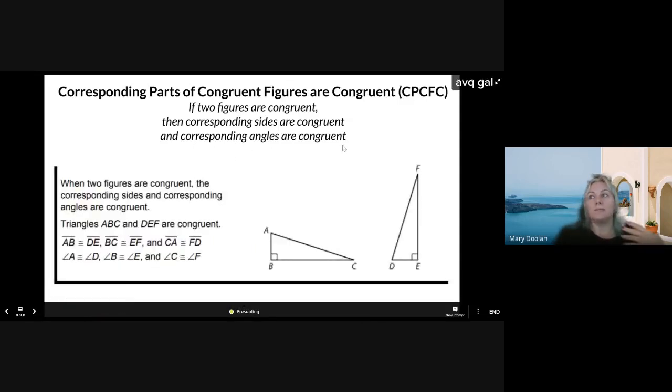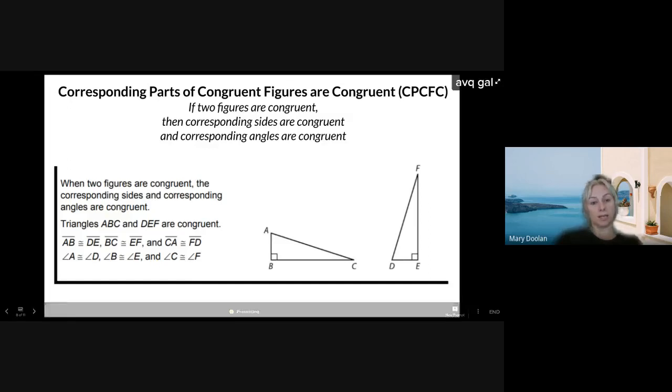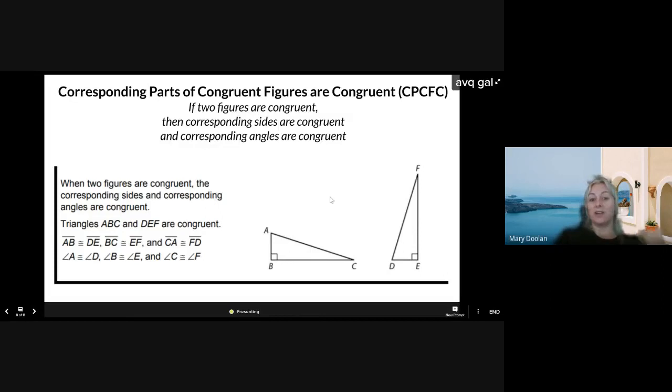So again, this is CPCFC. Just looking at these 2 triangles in this picture, when 2 figures are congruent, the corresponding sides, if they're triangles, there's 3 sides, and the corresponding angles, if they're triangles, there's 3 angles, are all congruent. So from this picture, if we know triangles ABC and DEF are congruent, then we can conclude this row of statements about the congruent side lengths.